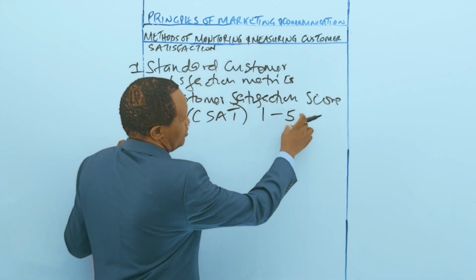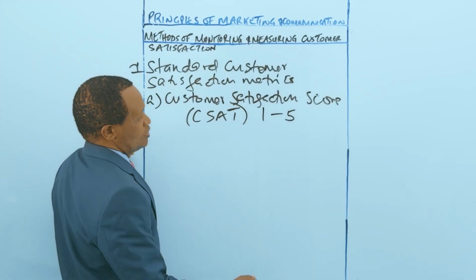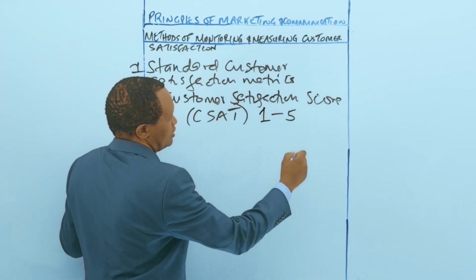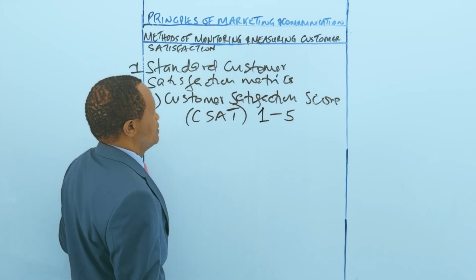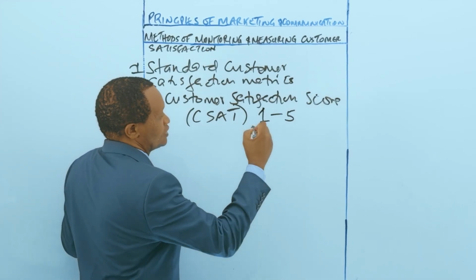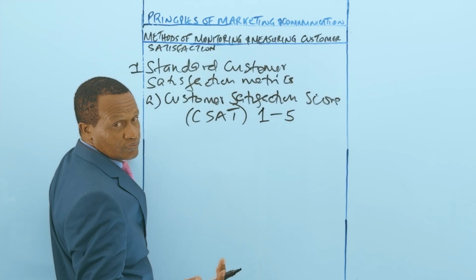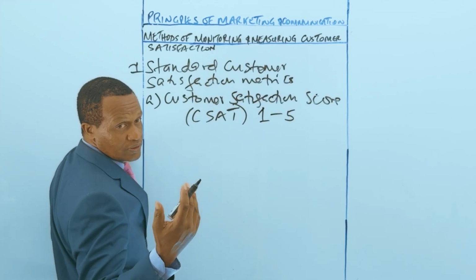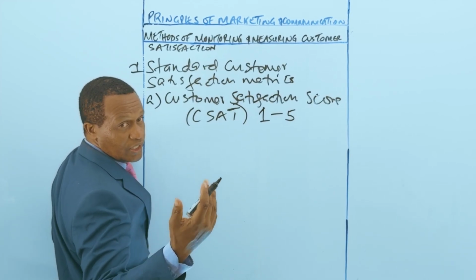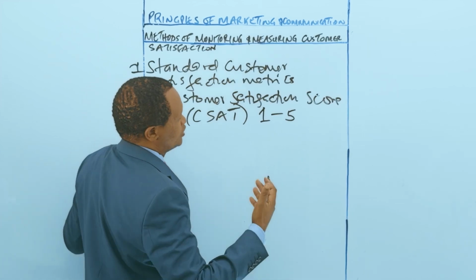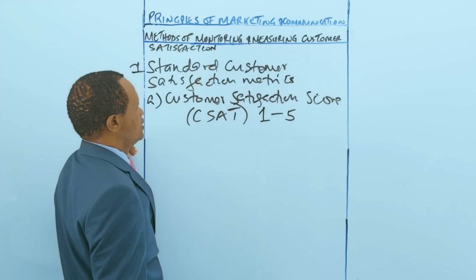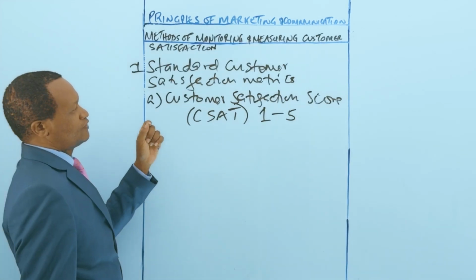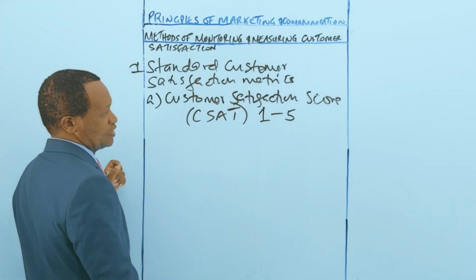Where 5 out of 5 will be maximum satisfaction. The one who gives you 1 is a dissatisfied customer. So you can use a customer satisfaction score: how satisfied were you with your experience today on a score of 1 to 5? That is a customer satisfaction metric.